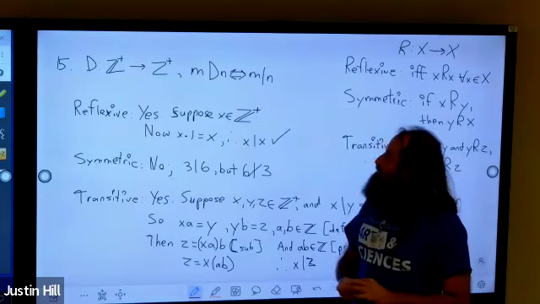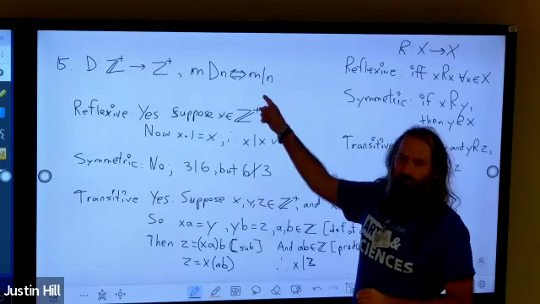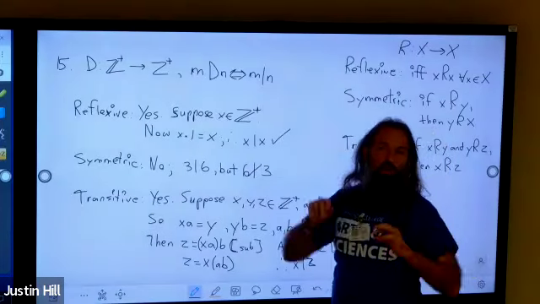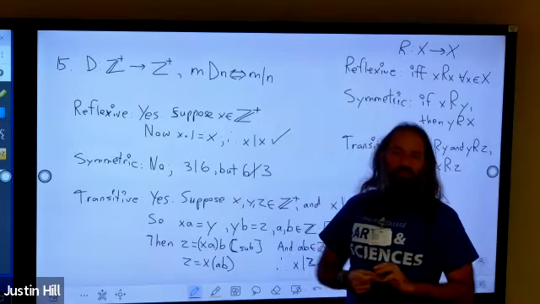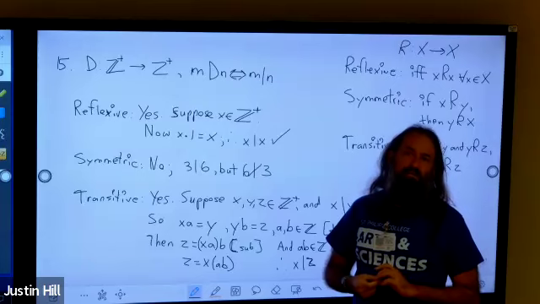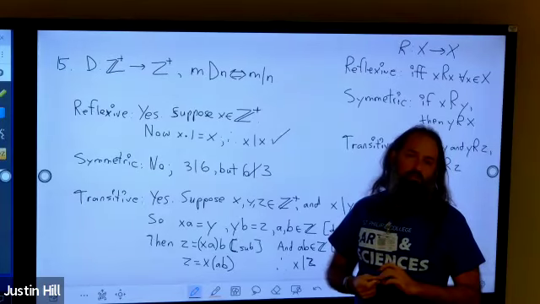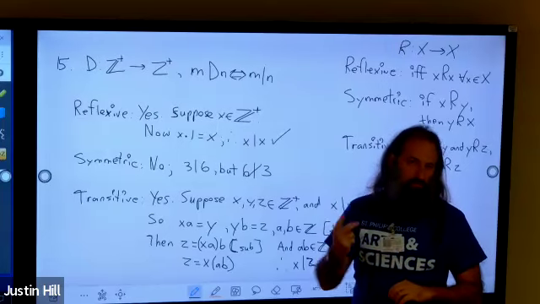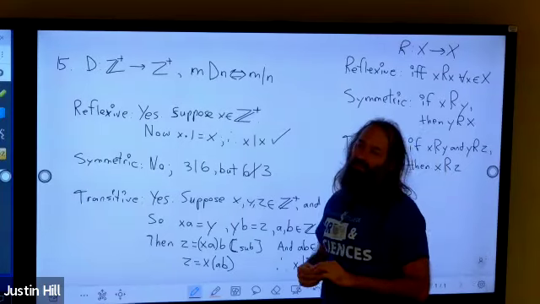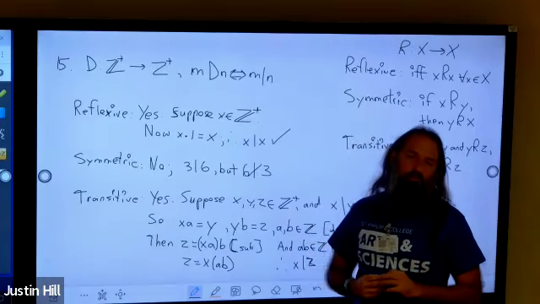So what we're saying basically is the divisibility relation acts exactly like a greater than or equal to comparison. Divisibility has the same patterns as greater than or equal to.